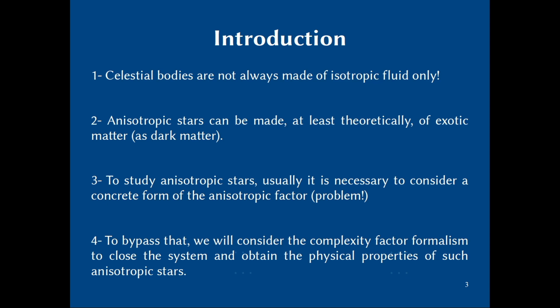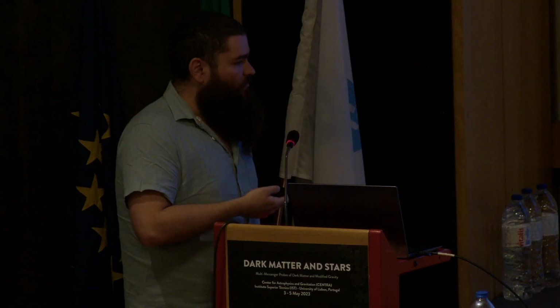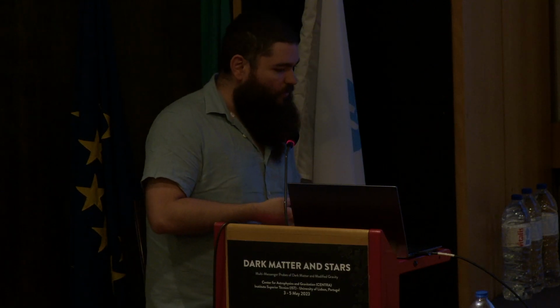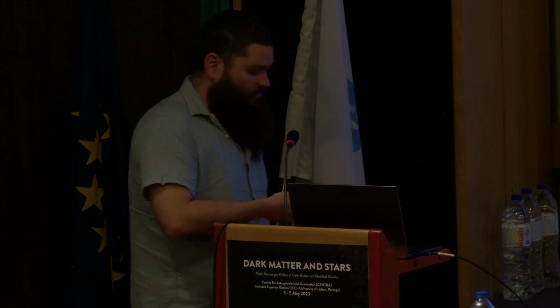If we want to study anisotropic stars, we usually need to specify the equation of state and in some cases some supplementary condition to close the system. That is usually a problem because we don't know very well the physics inside a star. So we need to be careful with what kind of equation we use to close the system.